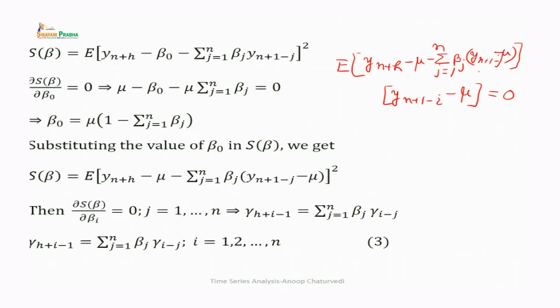Now, if you multiply these two quantities and take expectation, then expectation of (y n plus h minus mu) into (y n plus 1 minus i minus mu) is equal to gamma, and then you have lag n plus h minus n minus 1 plus i.